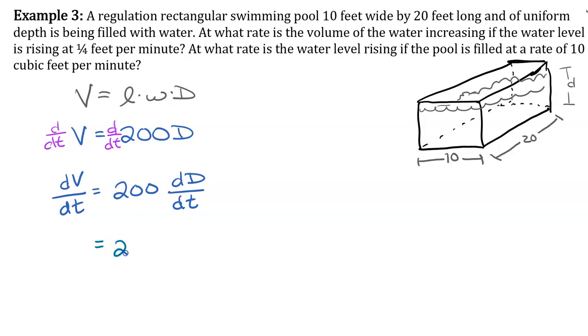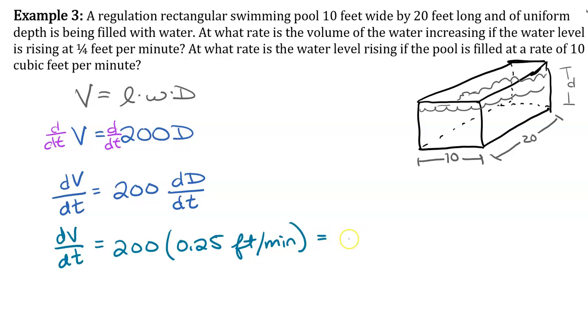So 200 times 0.25 feet per minute would give us the change in volume. And that would be 50.